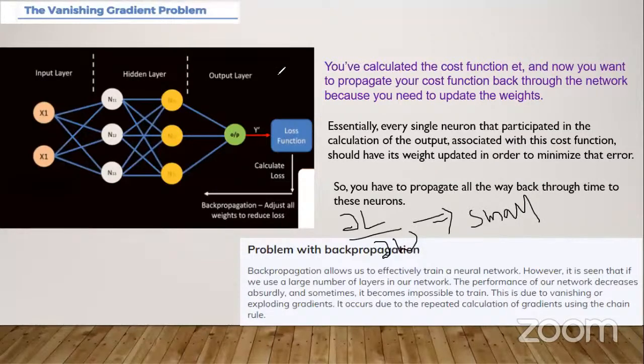The problem starts when we take this gradient, this loss derivative with respect to the weights, at a certain level or certain epoch, this value of the derivative becomes so small. I will tell you what happens if this value becomes very small when I am trying to predict the new weight.